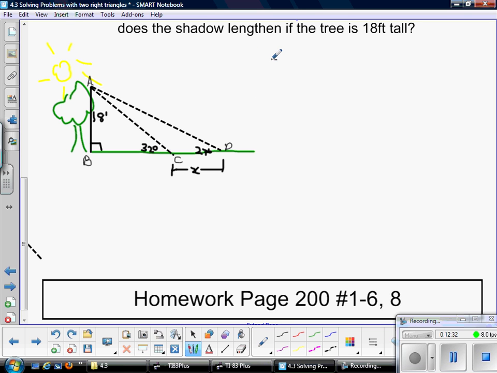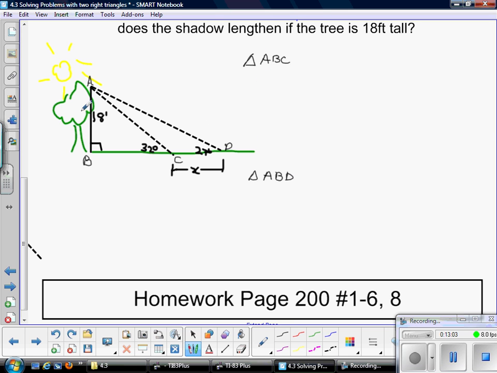Oh, sorry about that. This just doesn't want to work for me tonight. Let's go back up here. So I know I have to look at triangle ABC. I also know I have to look at the large right angle triangle, triangle ABD. So it doesn't really matter which one we look at first.